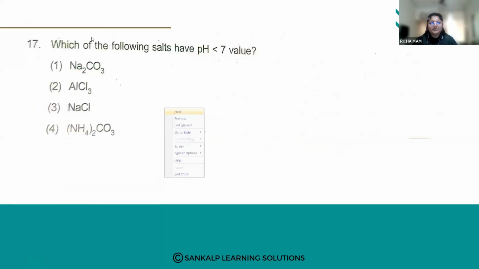Next one. Which of the following salts have a pH less than 7? First, Na2CO3, second, aluminum chloride, third, NaCl, fourth, ammonium carbonate.